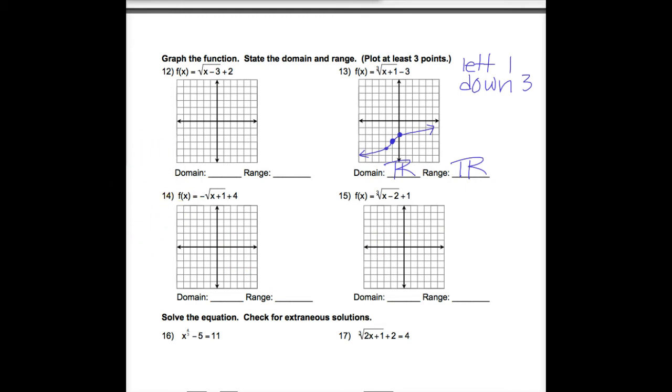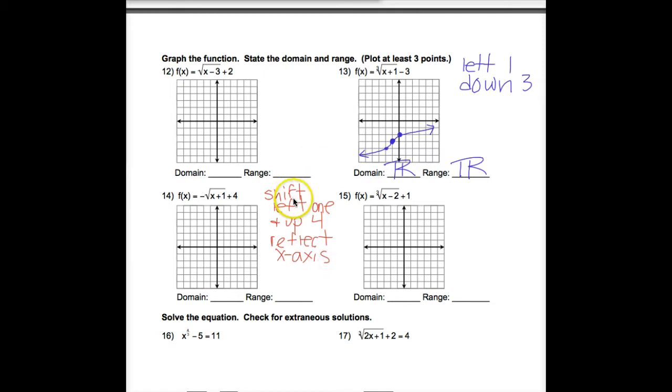All right, now I'm going to look at a square root. So let's look at 14. So again, write it out just like we did in 10 and 11. This is going to be a shift of left 1 and up 4, and then I'm going to reflect it in the x-axis.